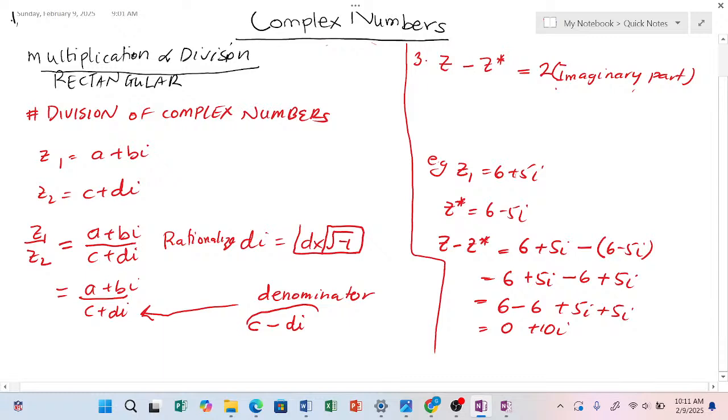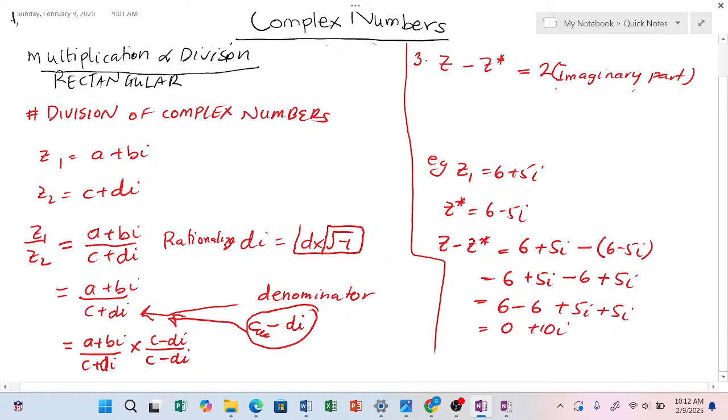So this is the conjugate of the denominator. Now, to rationalize, I have to multiply the numerator and the denominator by this conjugate. So I'm going to get a plus bi over c plus di multiplying c minus di over c minus di.